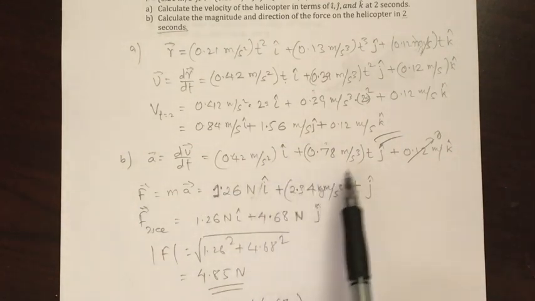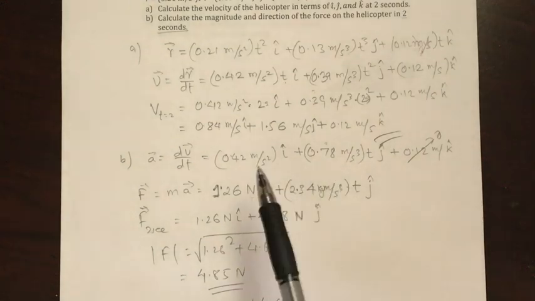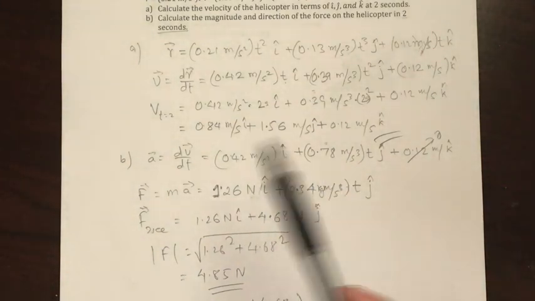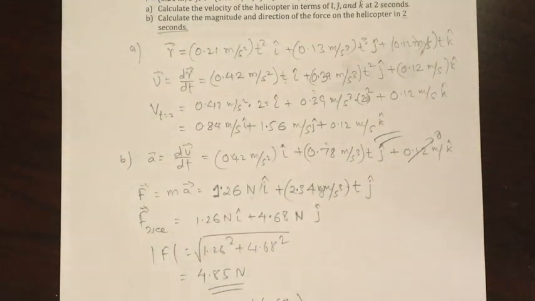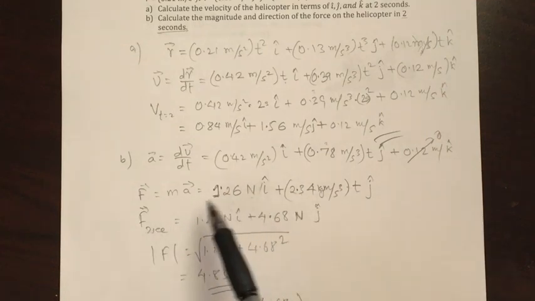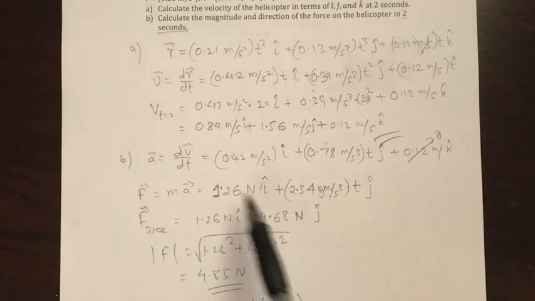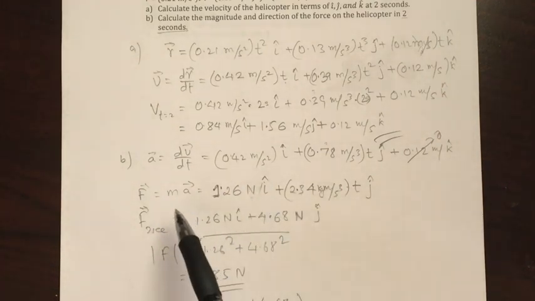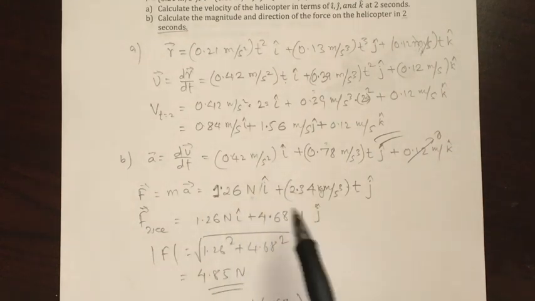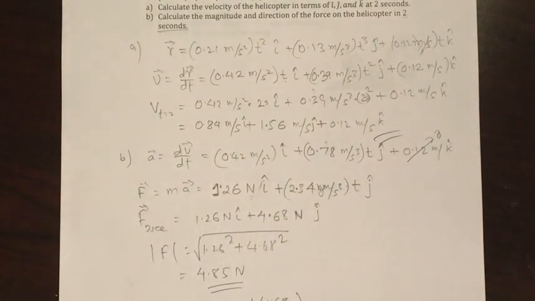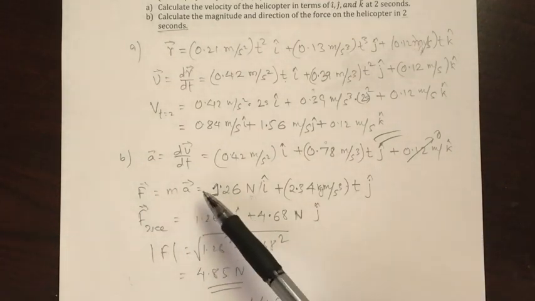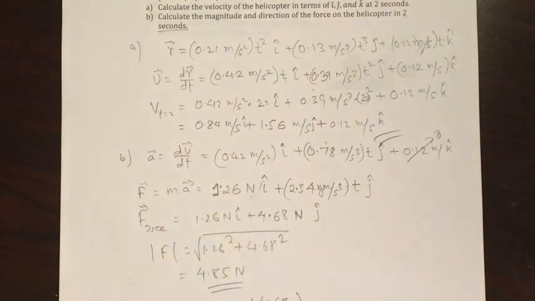You don't need to do it the long way, just get the magnitude and multiply by the mass, so it will give you the same 4.85. And then the angle of acceleration and the angle of the force will be the same, because force equals mass times acceleration.